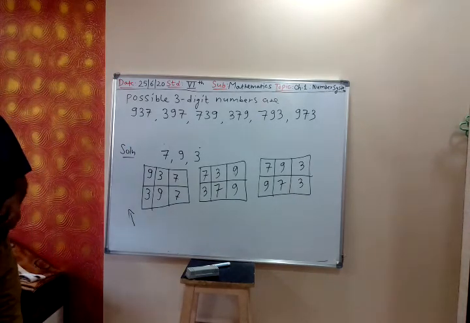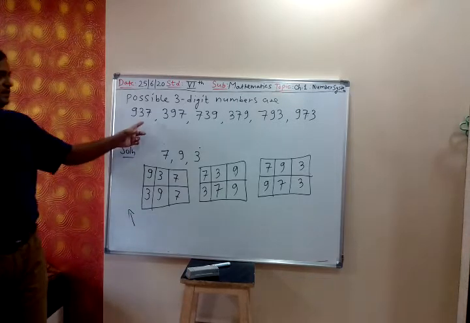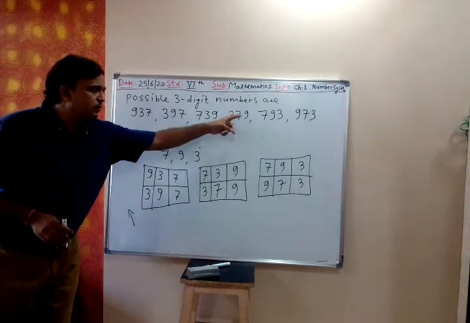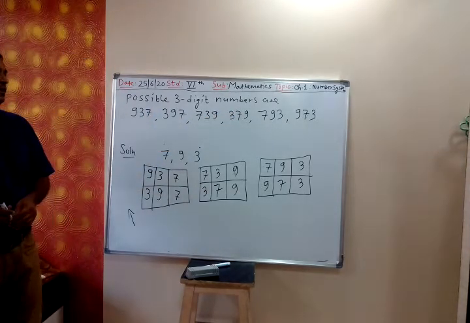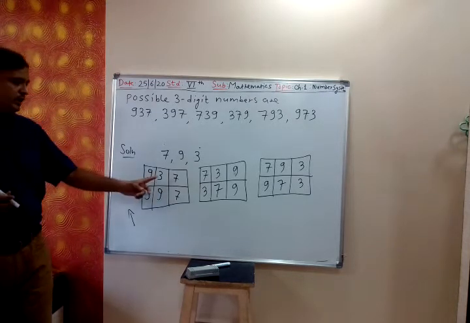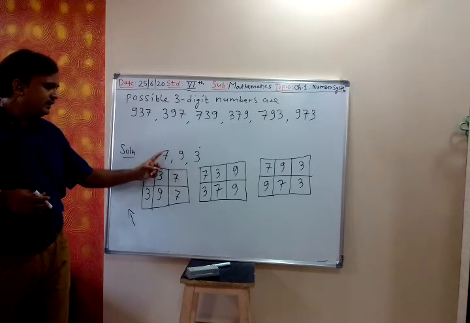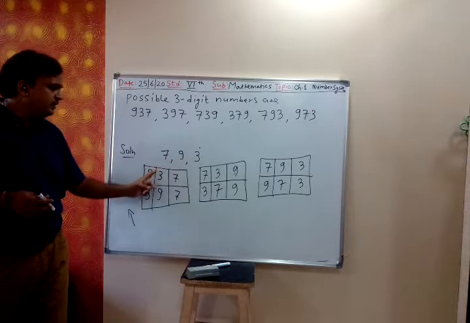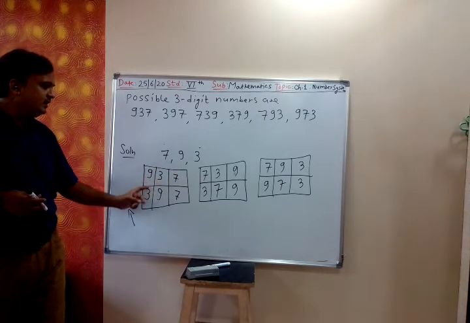These 6 3-digit numbers, keep the phone horizontally. Total how many numbers are there? 6: 1, 2, 3, 4, 5, 6. So how do we form these 3-digit numbers using each digit only once? In ones place, I will first write 7, then digits left are 9, 3, so I can write 9 3, 3 9.